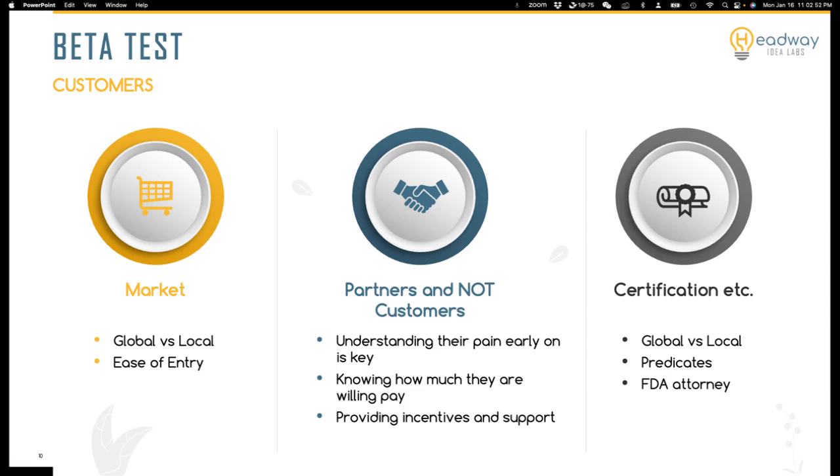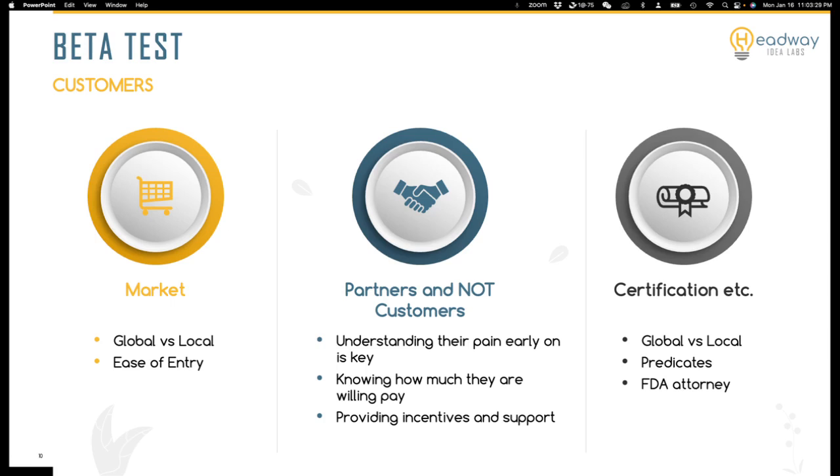Local can stand for being national, or within a particular state or city, but I will use the term local as national for the country you're in, and then global outside of your country. Why? There may be another part of the world where your product is far more valuable, and people are willing to even pay more money because the pain they're experiencing far outweighs the pain your local potential customers are experiencing.